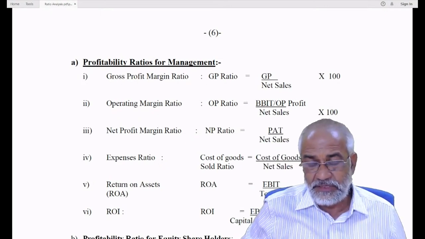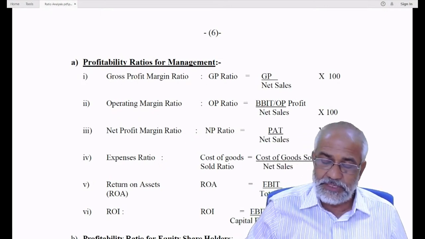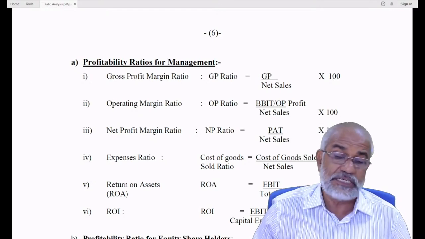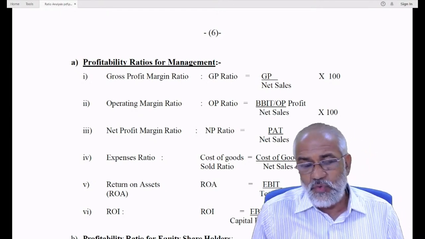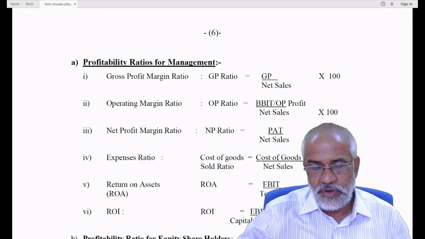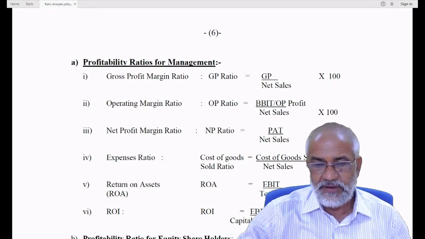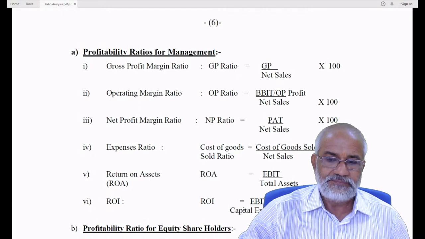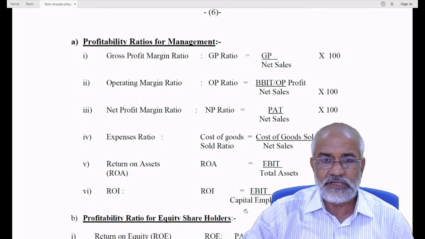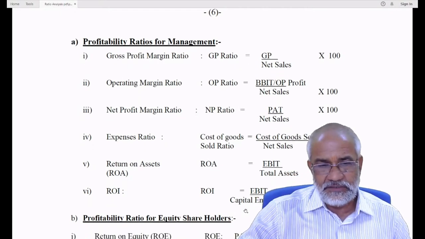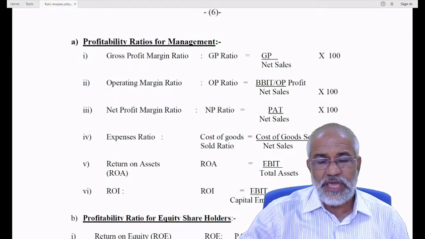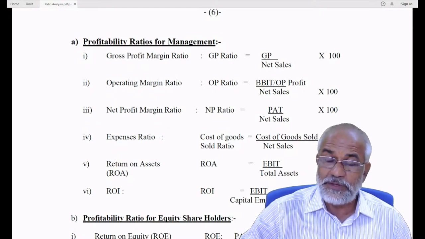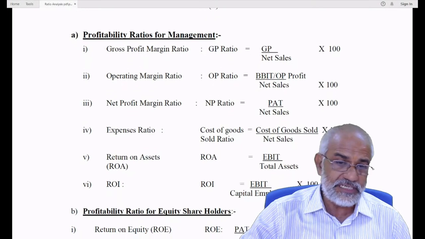This has to be multiplied by 100 because a profitability ratio is to be expressed in terms of percentage only. There is another way of determining the ROI: net profit divided by net worth into 100. That would also be the return on investment. So these are the six types of profitability ratios where the management is most interested.